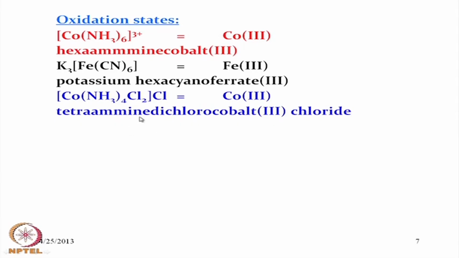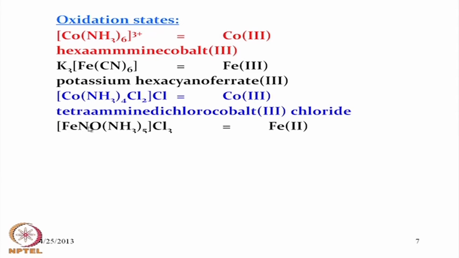So, tetraamminedichlorocobalt(III) chloride is the naming for the species where the cobalt center is in the +3 oxidation state. Then, instead of all ammine functionality around iron, we change 1 to NO, the nitric oxide gas.